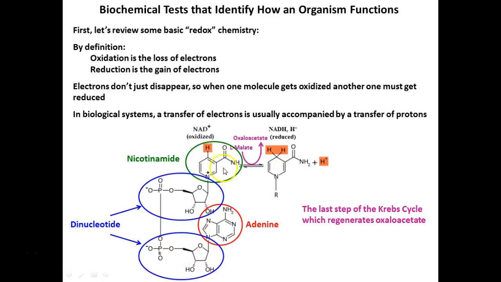But what this does is it allows it to pick up electrons. So it will actually pick up electrons and protons, a whole hydrogen atom, as you'll see right here. So then it becomes NADH. Because it took the electron from a hydrogen atom, you are left with a proton.